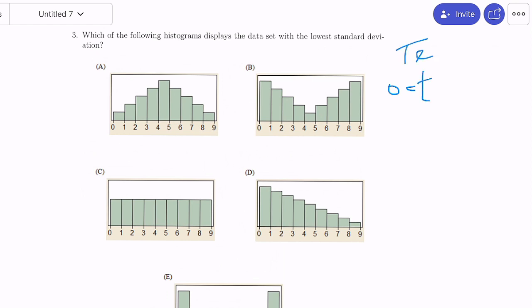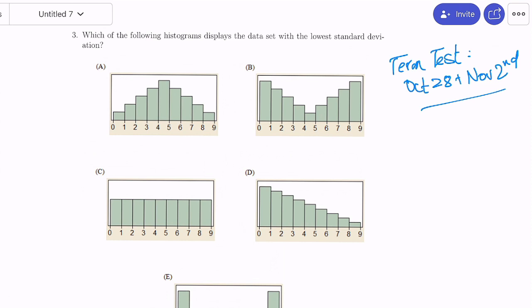Under term tests, this is the last one that's called October 28, midterm exam, October 28 and November 2nd. So what's the answer here? This is question number 3.